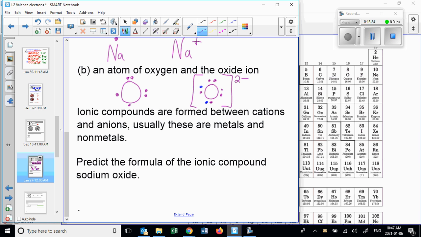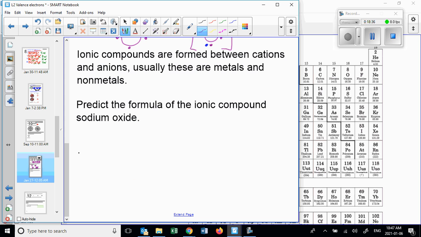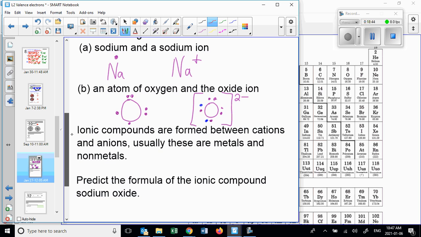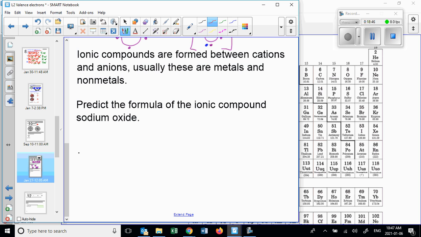If you use the ion chart, which I gave you in your handout set, you would see sodium with a plus charge and oxygen with a 2 minus charge. So if I see sodium oxide, I look it up and think, okay, Na plus and oxygen with a 2 minus combine to make a compound.